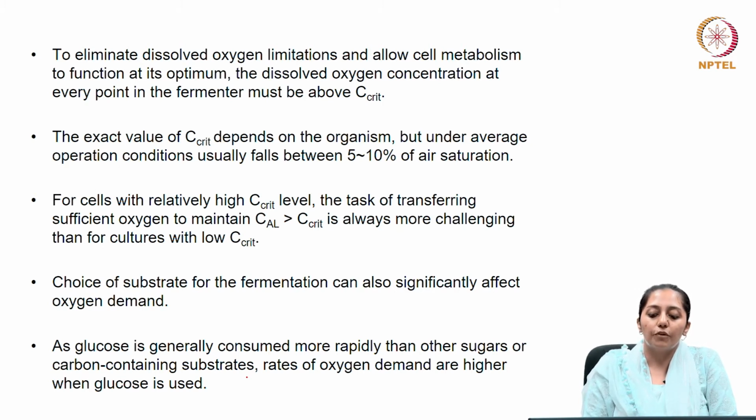The choice of substrate for fermentation can also have a significant impact on oxygen demand. For example, glucose is generally consumed more rapidly than other sugars or carbon-containing substrates, and the rates of oxygen demand are therefore higher.